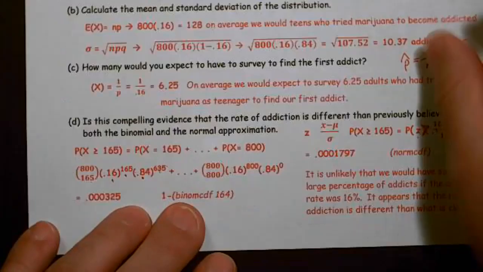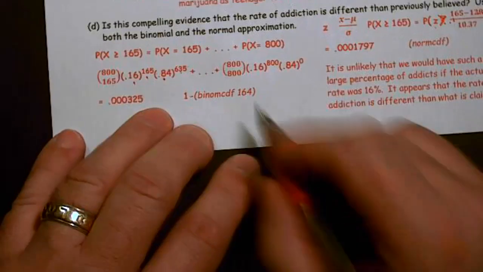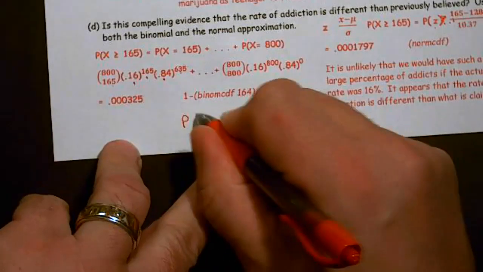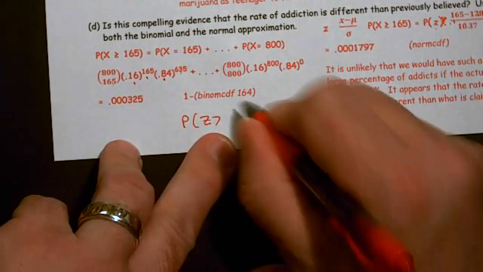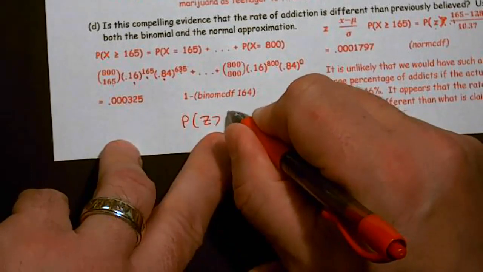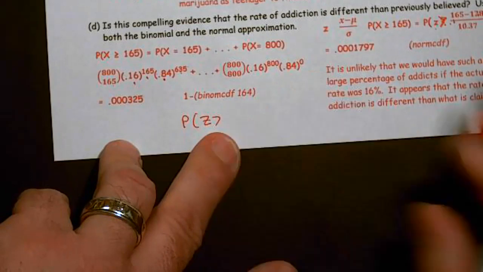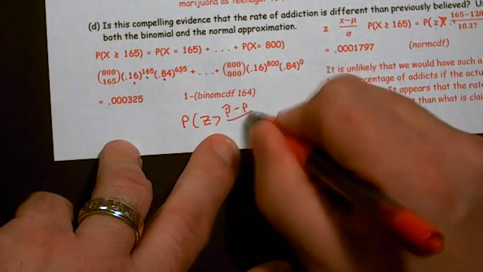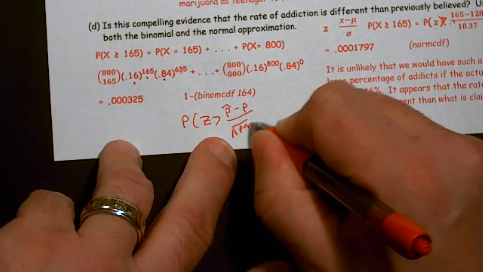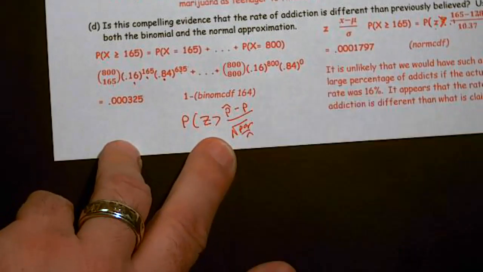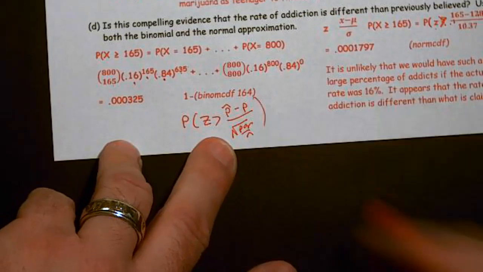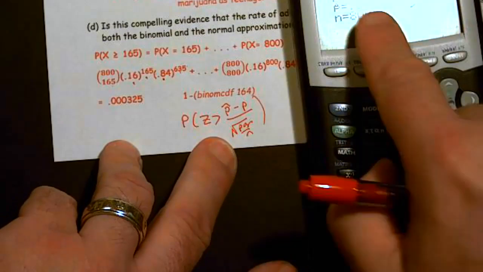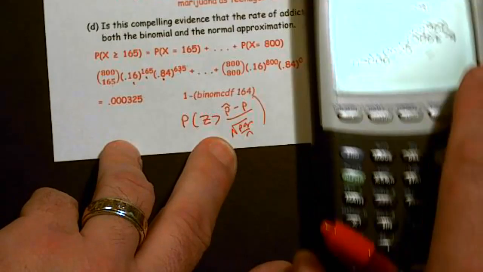The reason that's important is because that's what we had here. That was working it with means, but if we worked it with proportions, which I think is much easier, we would have said the probability that z is greater than p hat minus p over the square root of p q over n, where p hat is 0.2065.